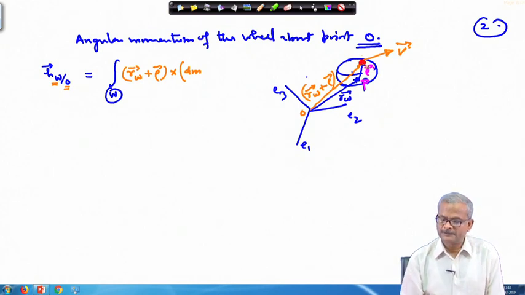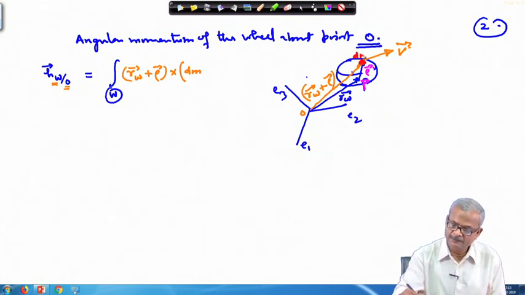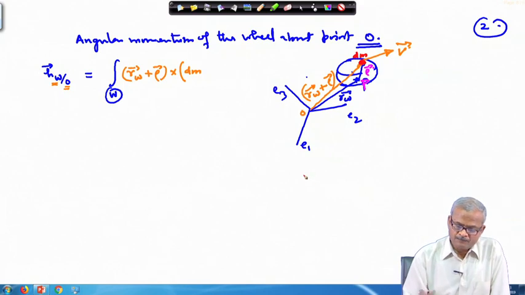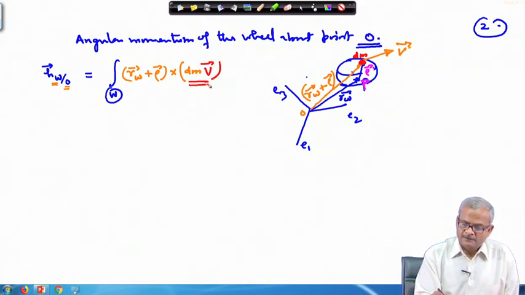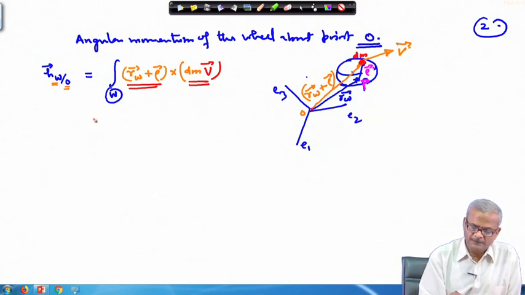So, this is your point mass here, which is d m. So, d m v is the linear momentum of this mass, and r w is the radius vector to this point. So, this gives you the angular momentum. Now, we need to expand this.